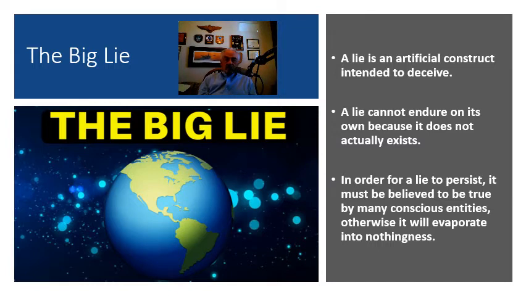A lie is an artificial construct intended to deceive. A lie cannot endure on its own because it does not actually exist. In order for a lie to persist, it must be believed to be true by many. Otherwise, it will evaporate into nothingness.